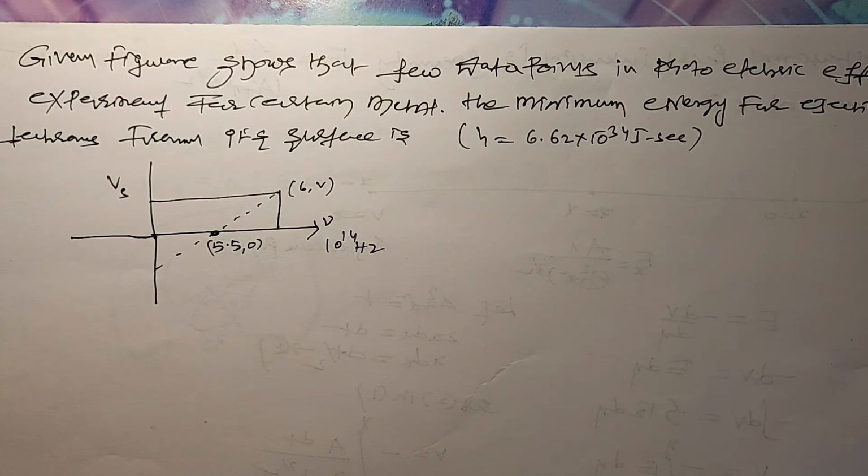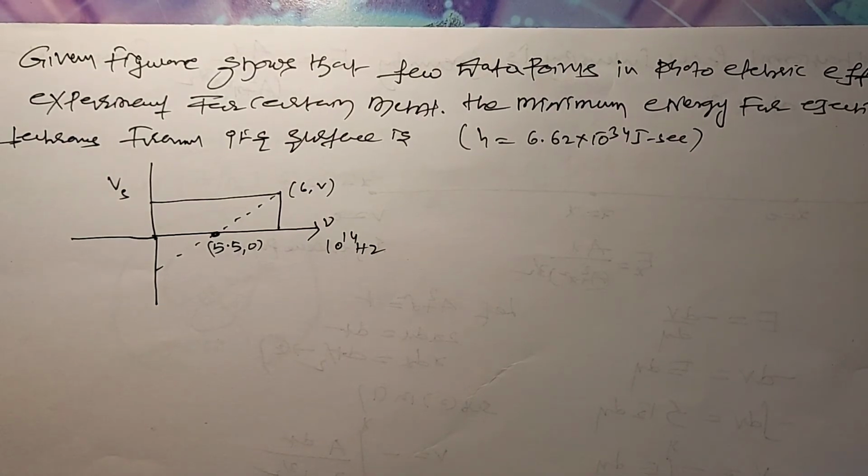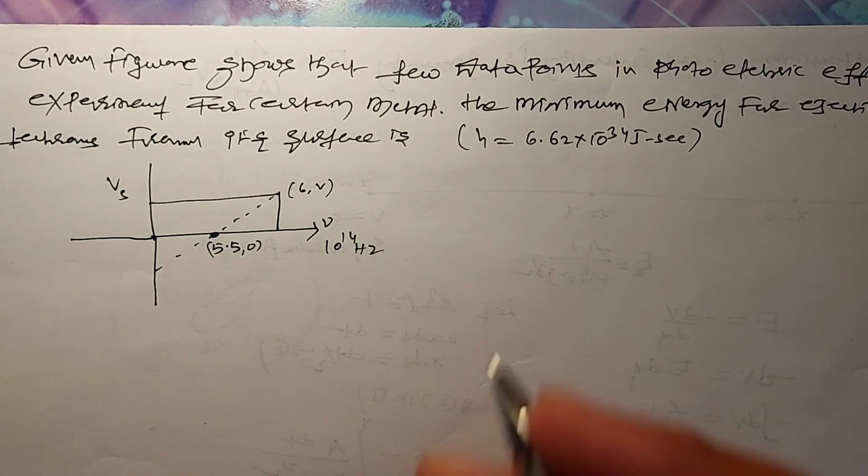Now we want to find out the minimum energy for ejection of electrons. The minimum energy for ejection of electrons is what we call the work function.